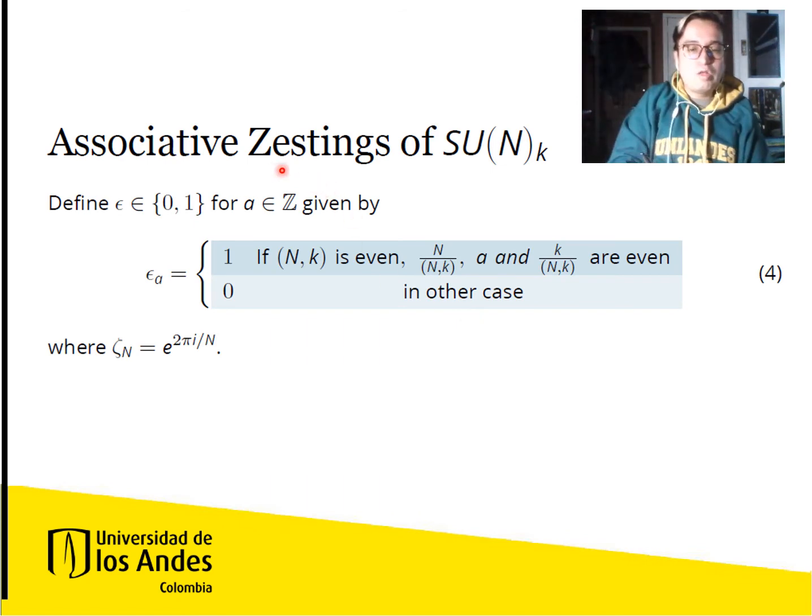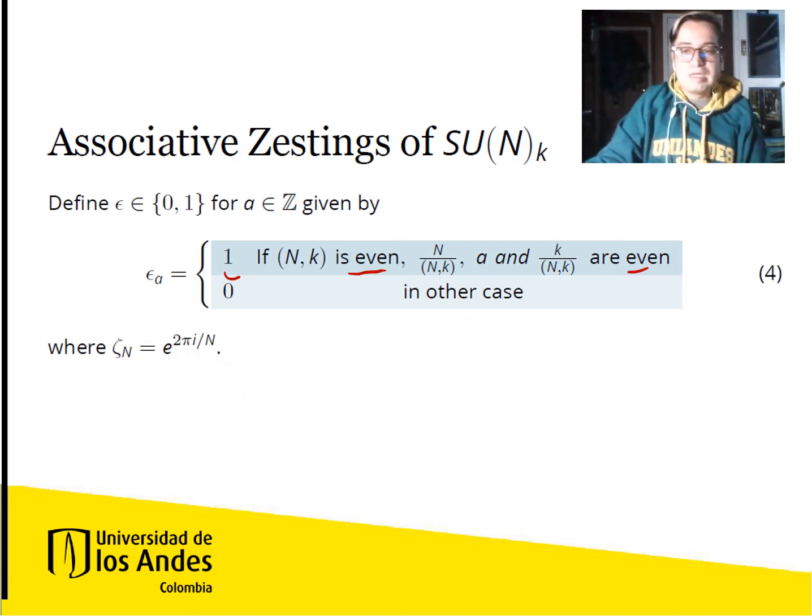Okay, and now I will classify all the possible associative zestings of SU(N) level K. First, I will need a number epsilon that is equal to 1 if these conditions hold, or is equal to 0 in other cases. I will use this notation here, sigma_n, for a root of unity of order n.